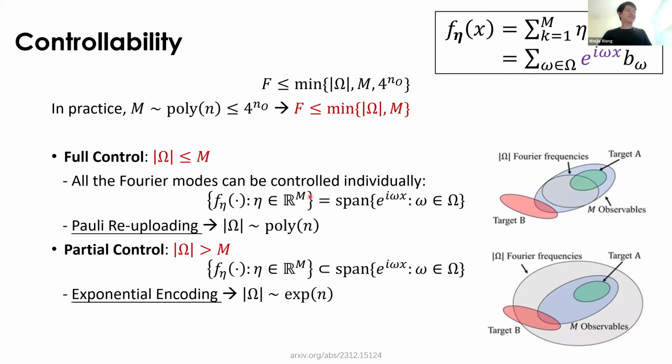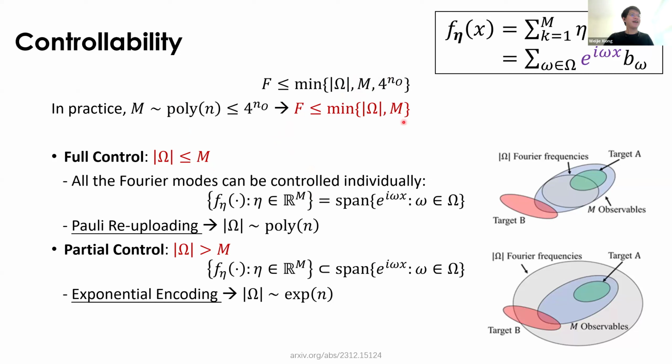So now we look at the other two upper bounds. They are all about measurement, the number of measurements and the locality of measurement. We assume that M is polynomial in system size. So this upper bound is always tighter than this. And for the following, we just consider these two upper bounds.